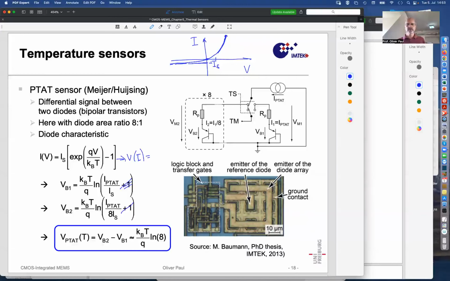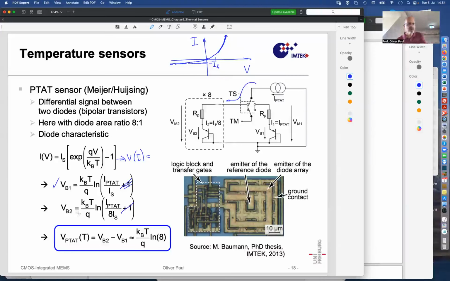Now the system is provided with a current, I PTAT, and this current goes through this central sensor, and so we obtain this voltage, VB1. Then in the second phase, in this system design, the same current is sent through the 8 identical diodes. That is, each diode receives 1/8 of the current.